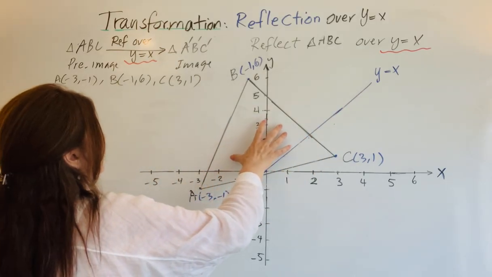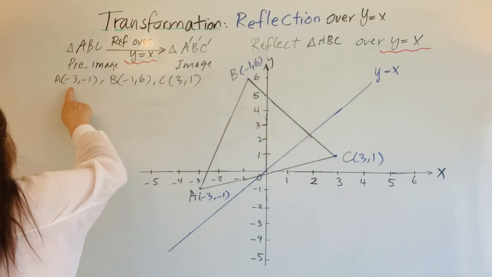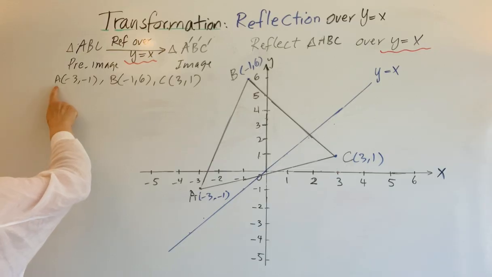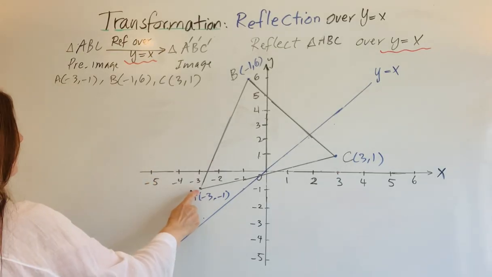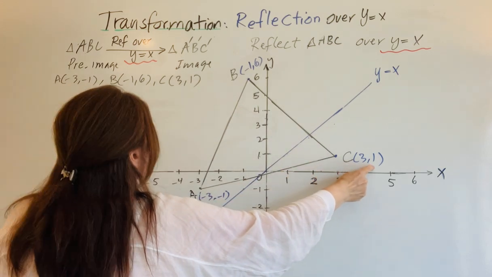We have a pre-image, this triangle ABC, with these coordinate values. A is (-3, -1), B is (-1, 6), C is (3, 1).